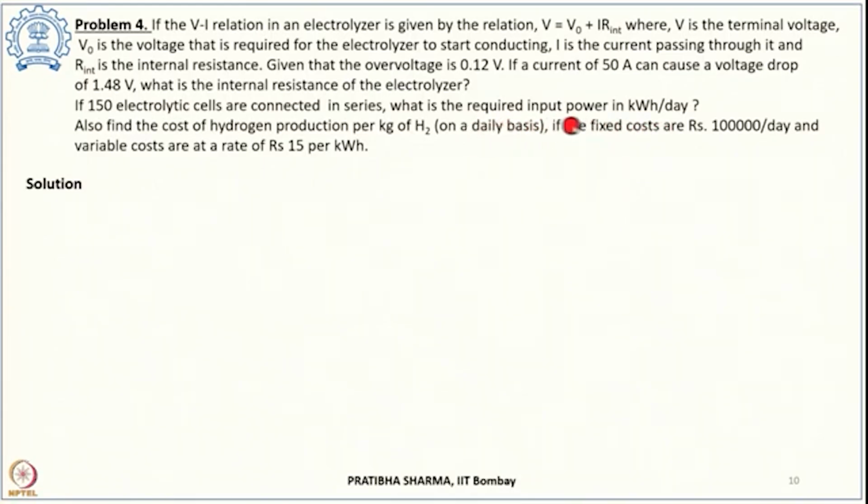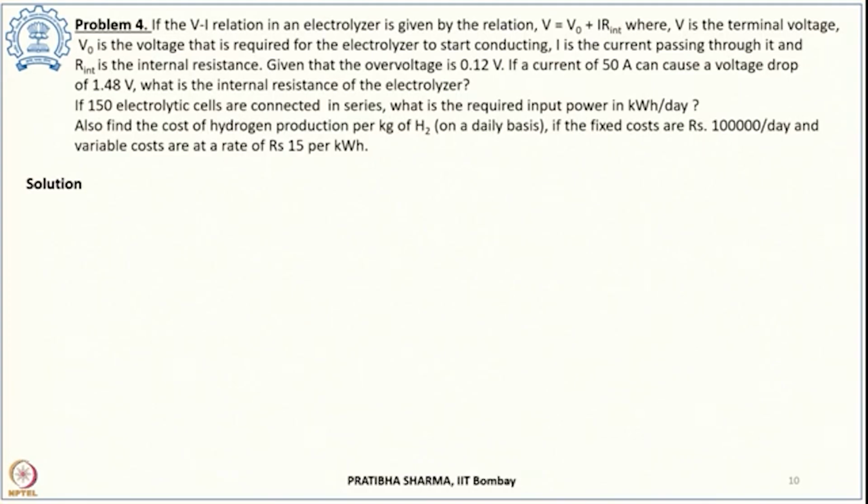So, the input power required to run the electrolyzer, and also we have to find out the cost of hydrogen produced per kg on a per day basis, given that the fixed cost associated with the electrolyzer is 1 lakh rupees per day and the variable cost is to be calculated considering the rate of 15 rupees per kilowatt hour. So, first we find the internal resistance of the electrolyzer, then the input power, and then the cost of hydrogen production under these conditions.